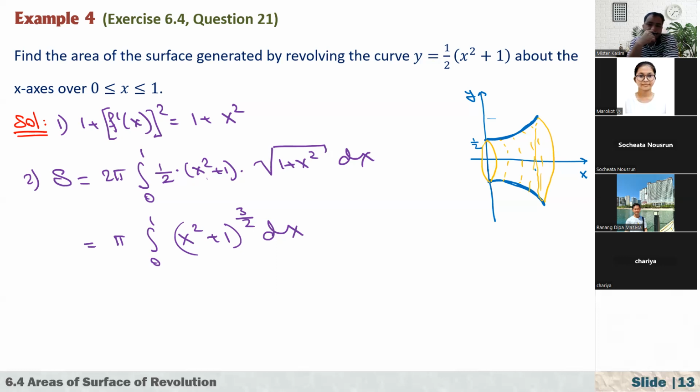Okay, without using trigonometry, the square root of x squared plus 1 to the power of 3 over 2 dx. Find the area of the surface by revolving the curve about the x-axis over 0 to 1. Here we have 2 pi times f of x, that's x squared plus 1 over 2, times the square root of 1 plus f prime of x squared. So 1 plus x squared, so x squared plus 1 to the power of 3 over 2 dx.